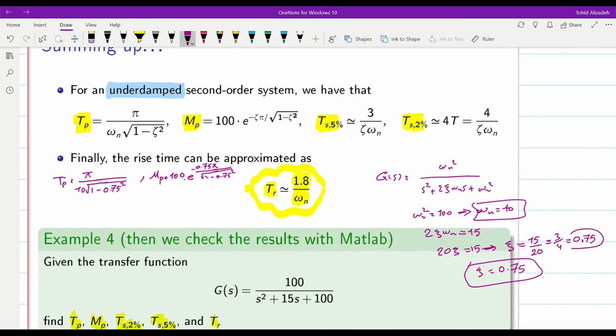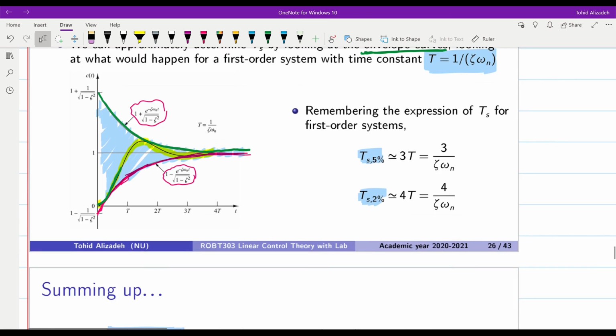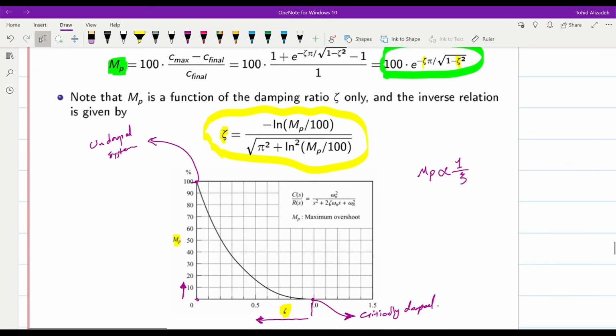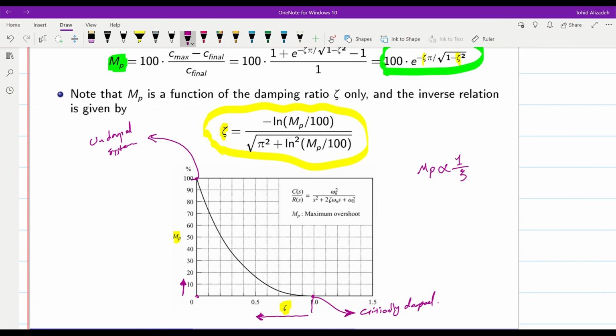And similarly for the 2% and 5% settling times and the rise time, you can replace the values for ζ and ω_n and then obtain the parameters for the step response. For the rise time, you should also keep in mind that rise time increases as ω_n decreases and vice versa. They behave in a similar way to what we had for the overshoot and ζ. When one of them decreases, the other one increases and vice versa.